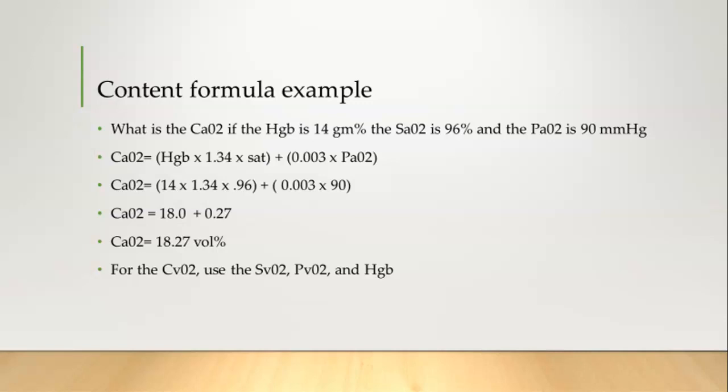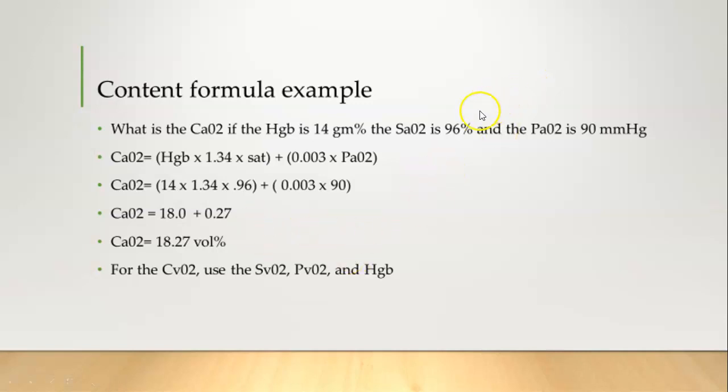That's how we got the 0.003 times 90. So that's 18 plus 0.27, and then we add those two together and we get 18.27 volumes percent. Content is always delivered in volumes percent as the units. And this is our high teens.